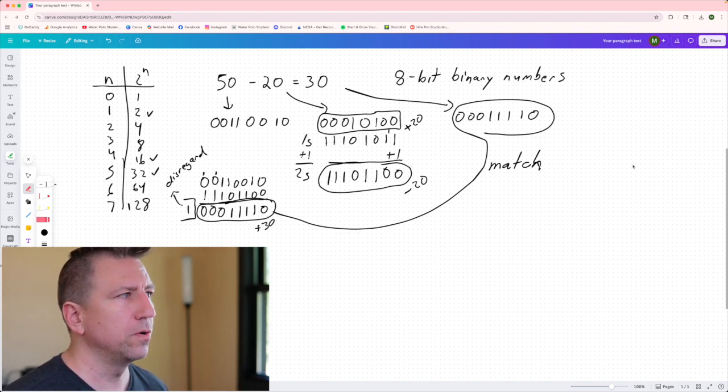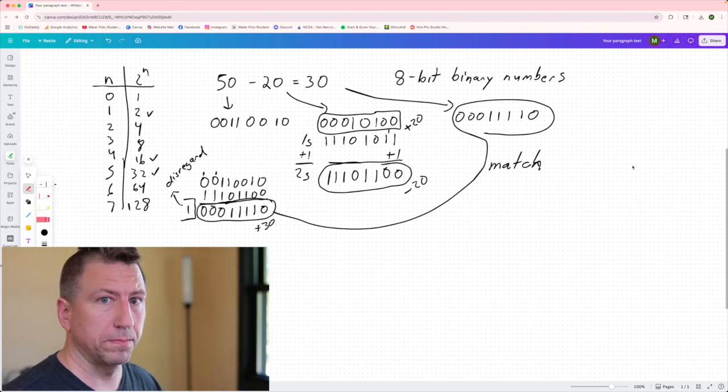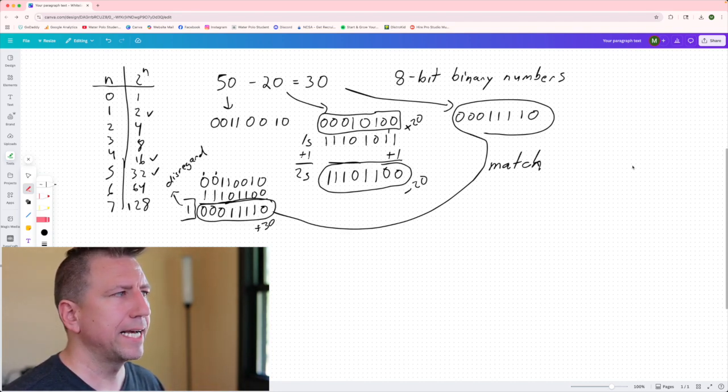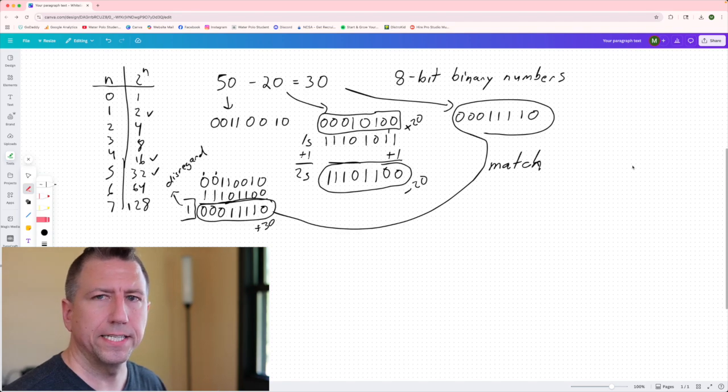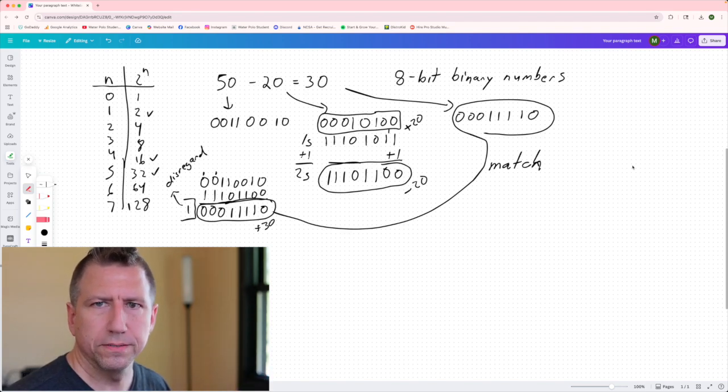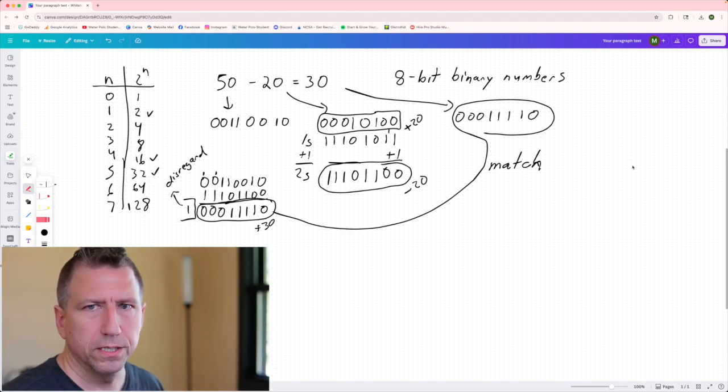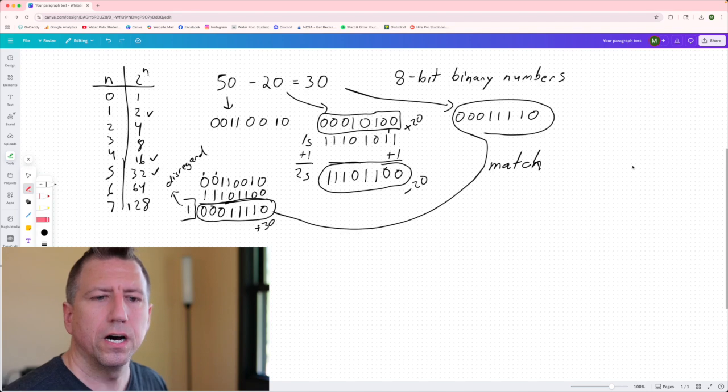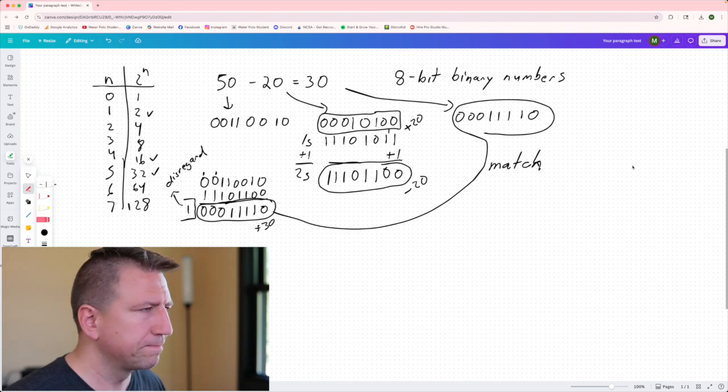Our only operations here were a 2's complement operation, which incorporated flipping bits and adding 1, and then we added that number to 50 to get our answer. So notice that we did not do any subtraction to effect a subtraction operation, which is what we're looking for here, because having only addition is really an advantage when we're talking about computer operations.